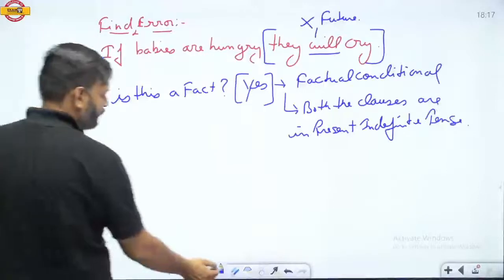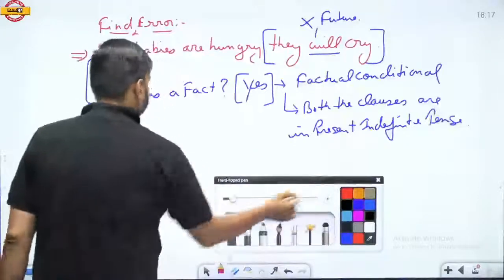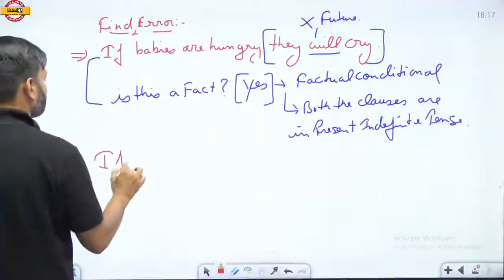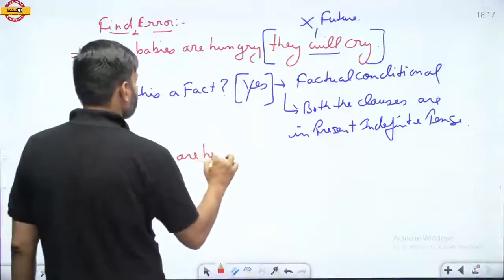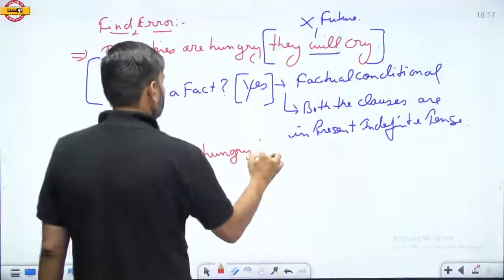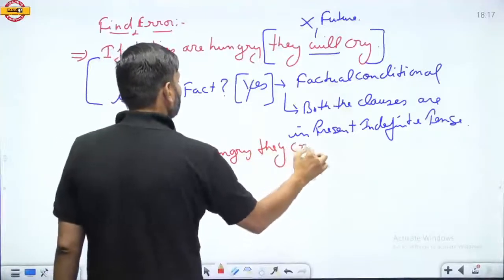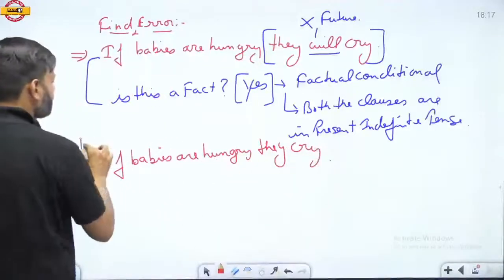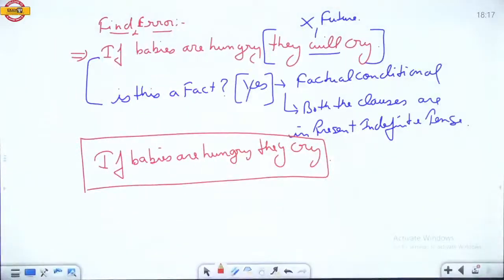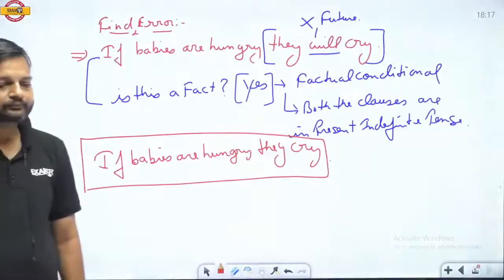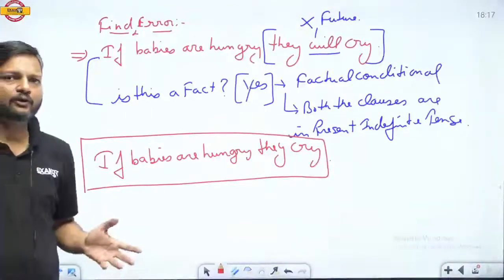So the correct version of the sentence should be, if babies are hungry, they cry. This is the correct sentence. If babies are hungry, they cry. Okay? Got my point or not?